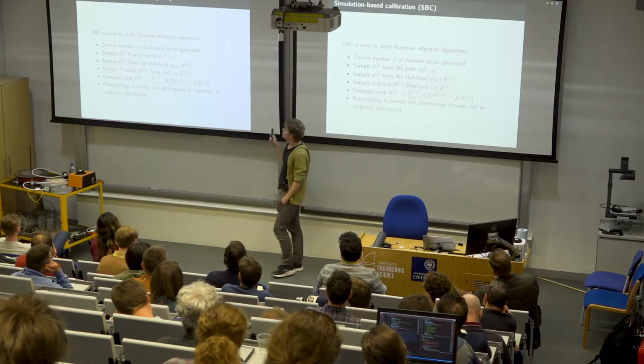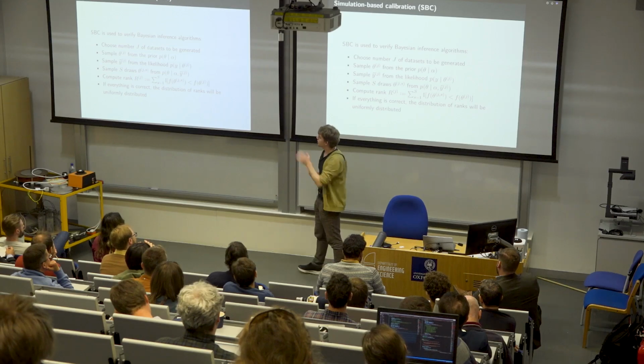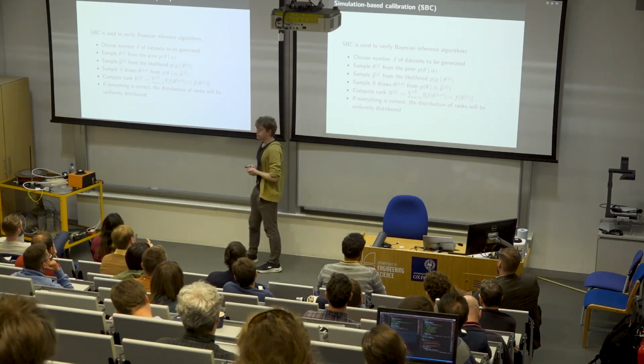And then we compute the ranks of any quantity that we're interested in, let's say a specific parameter itself, computing the rank of where that prior sample that we have drawn is within the set of the posterior draws of that corresponding quantity. And if everything is correct, our implementation is correct, our sampling fits, and everything is nice, then this distribution of ranks will be uniform. That's the underlying idea of SBC.